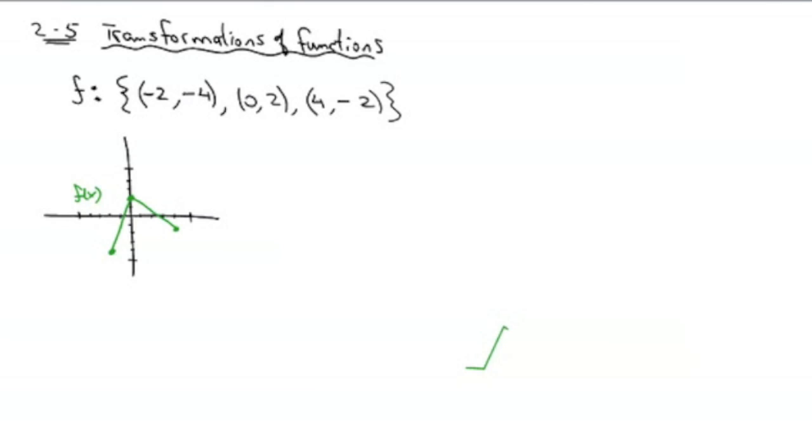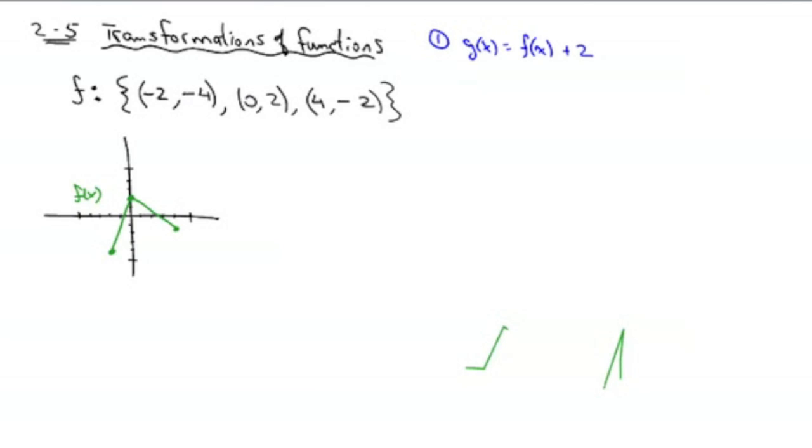Okay. So what happens if I take my original function and let g of x equal f of x plus 2? Now you have to interpret this the right way. This is that function notation interpretation which a lot of people have a hard time with. So basically what this means is I'm looking for a new function that takes my original function and adds 2 to it.